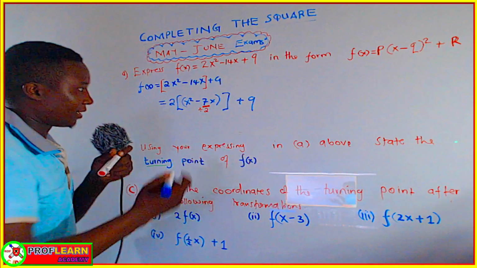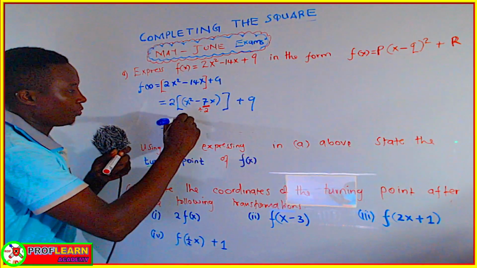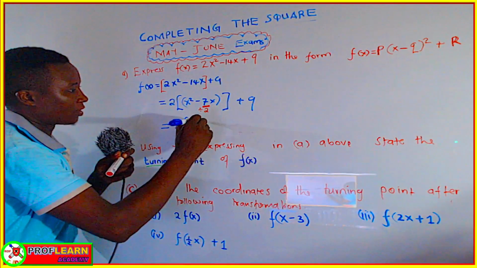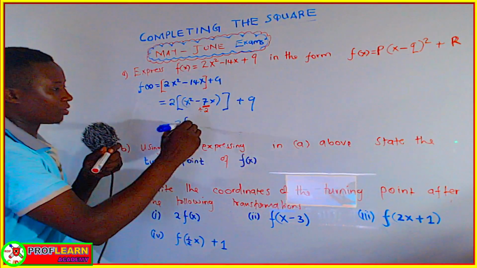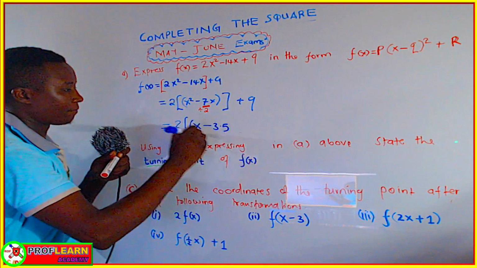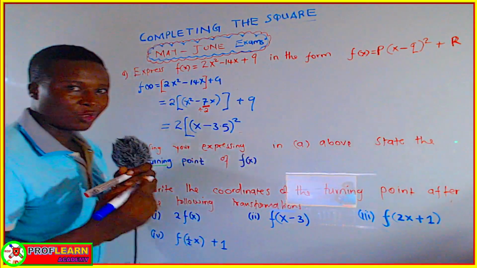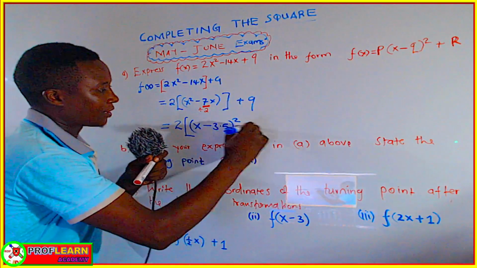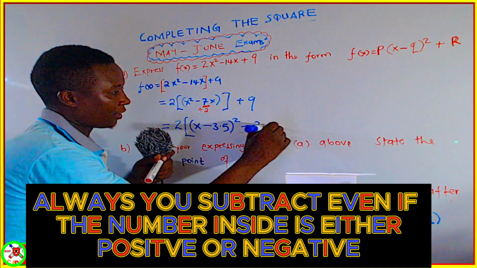So which would mean that this is going to translate to 2 into bracket x squared. Now that we are completing the square, we're going to say now this is x minus 3.5 squared. Once you are at this step, you are going now to subtract the square of this number that is inside here, 3.5 squared.